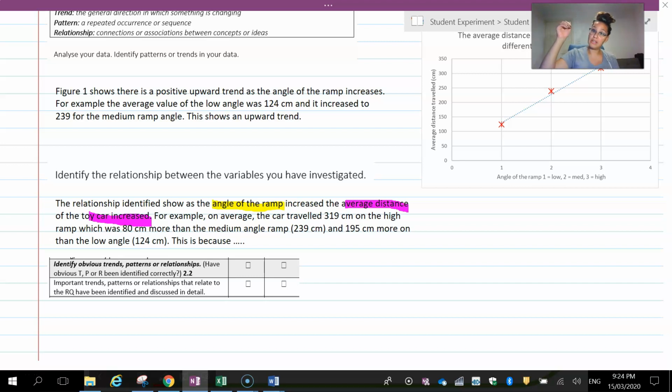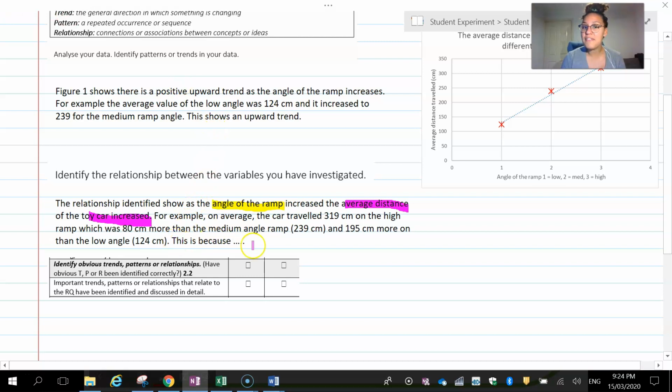We are increasing the amount of force that's exerted on the car, and as we increase the amount of force, we increase the distance it can travel. So linking that back to those scientific concepts and ideas to ensure that you are using the evidence collected to answer your research question. That's what we're looking for, that association between concepts and ideas. So I've left that blank because I want you to think about that now.